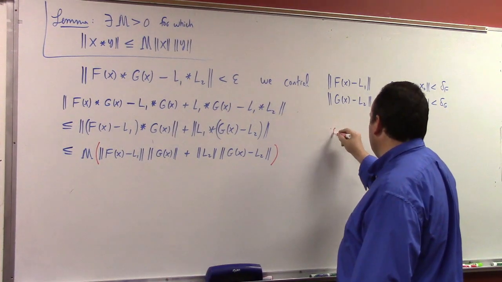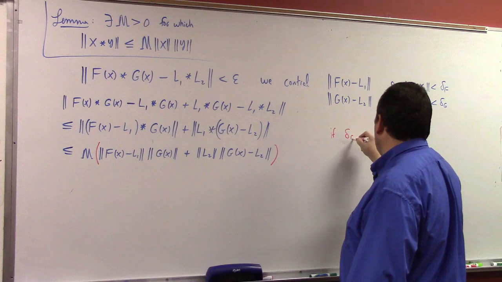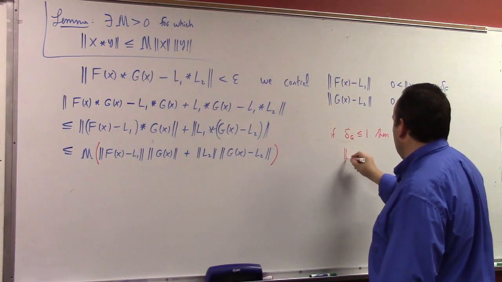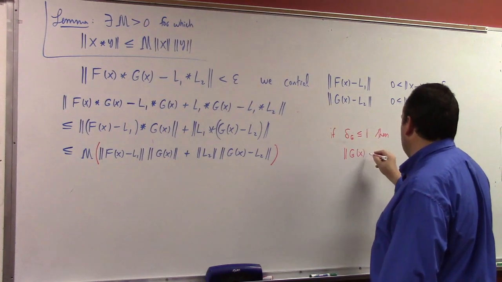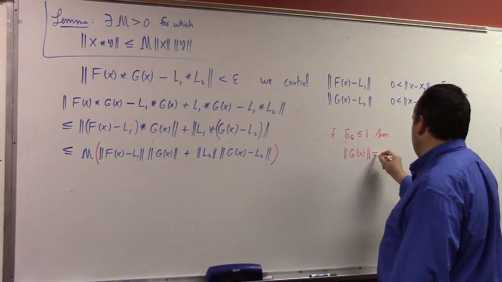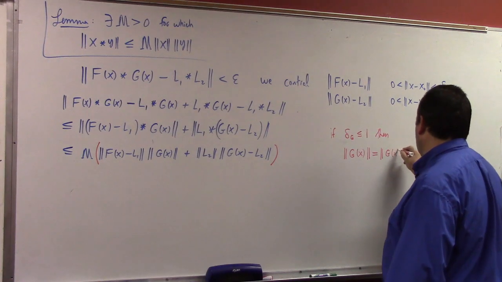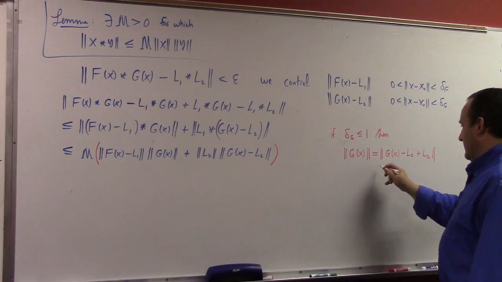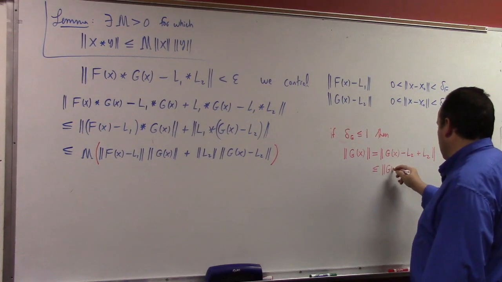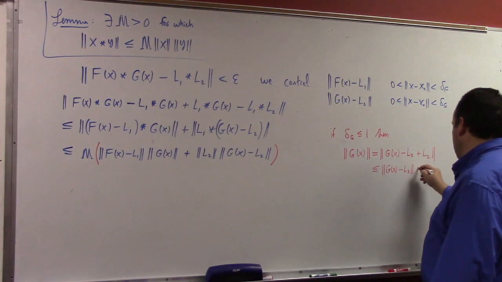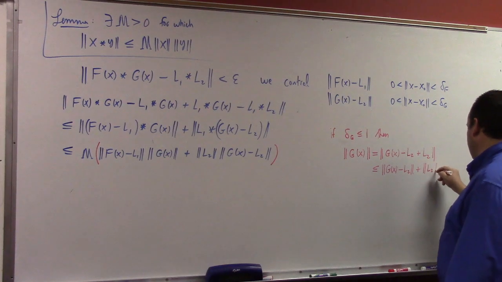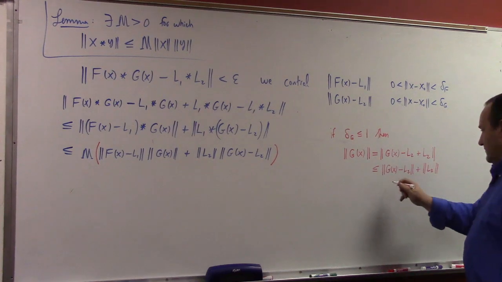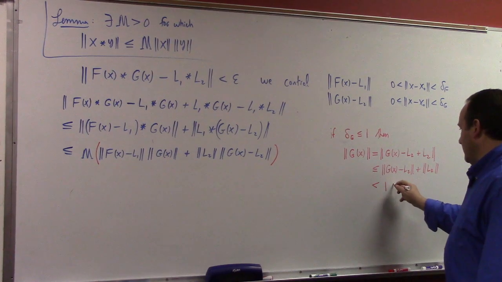If, for example, delta g is less than or equal to 1, then the norm of g of x is equal to the norm of g of x minus L2 plus L2, which is less than or equal to the norm of g of x minus L2 plus the norm of L2, which is less than 1 plus the norm of L2 by construction.